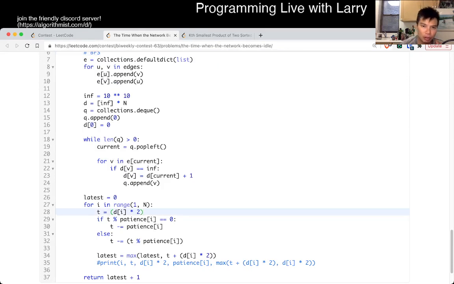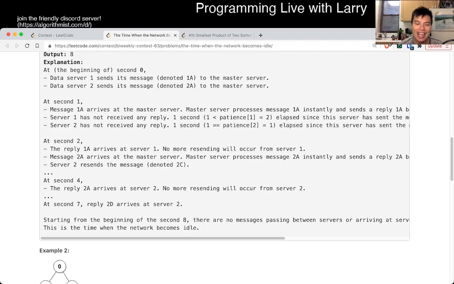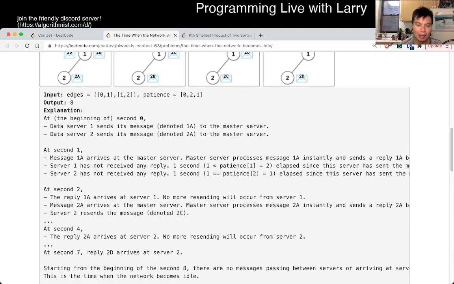Now that you've gone past the shortest path, each node you can evaluate independently, right? Because all you care about for each node is the last message that arrives at that server, and then you just take the max of the latest message.